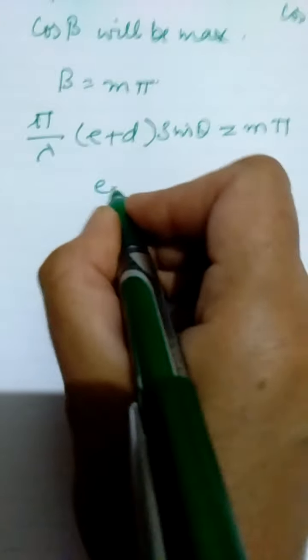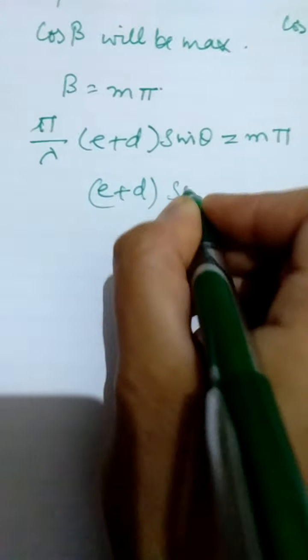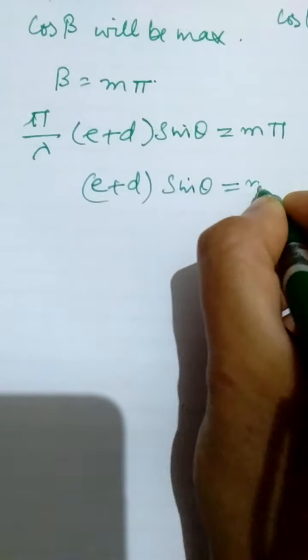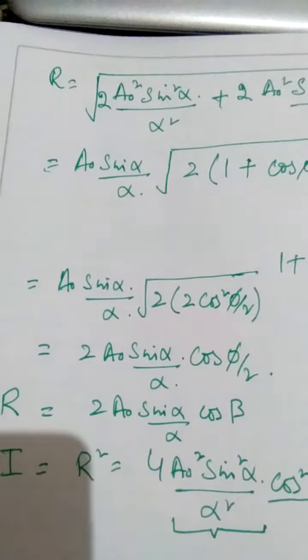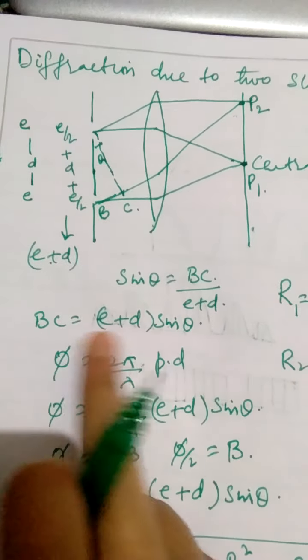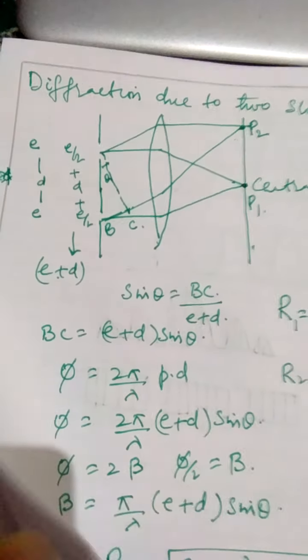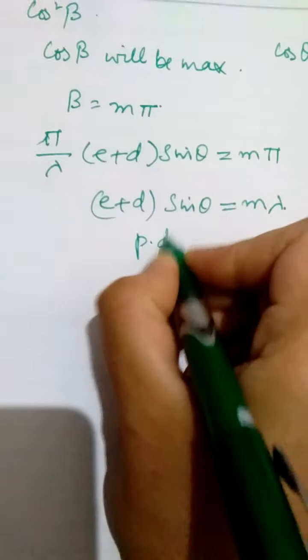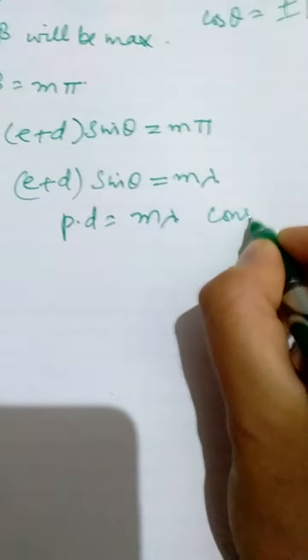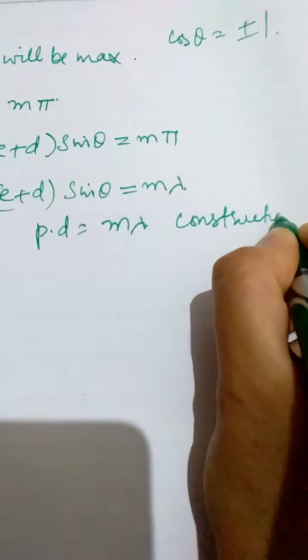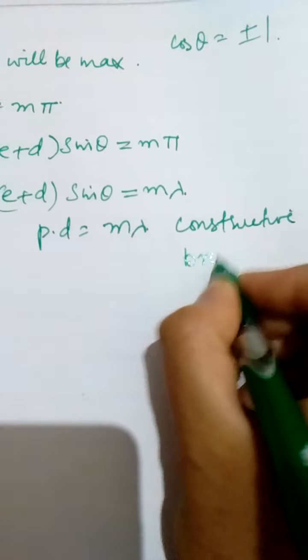Now pi and pi will cancel and you are left with (e plus d) sine theta is equal to m lambda, right? And what is this (e plus d) sine theta? It is the path difference. So whenever the path difference is an integral multiple of lambda, it will give us maxima, that is constructive interference or bright fringes.